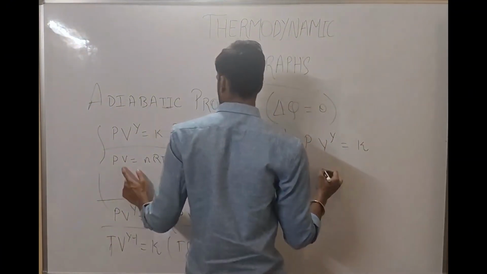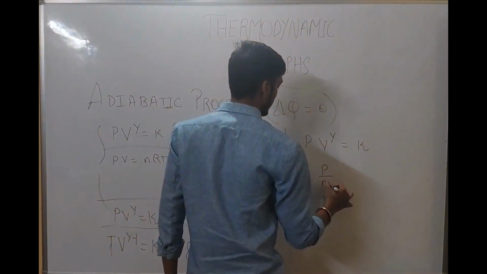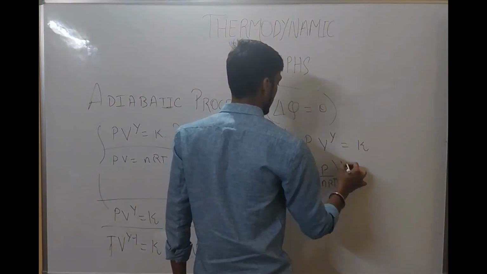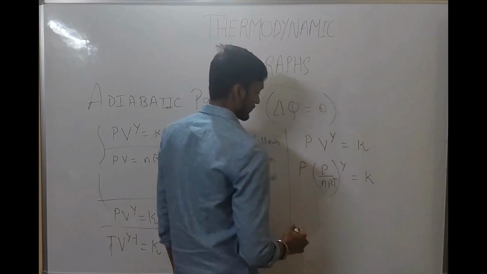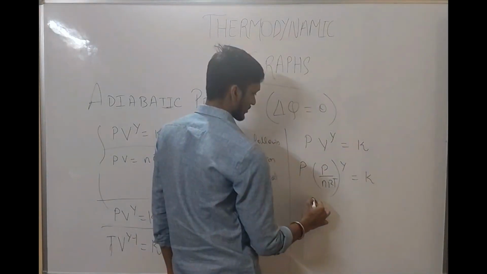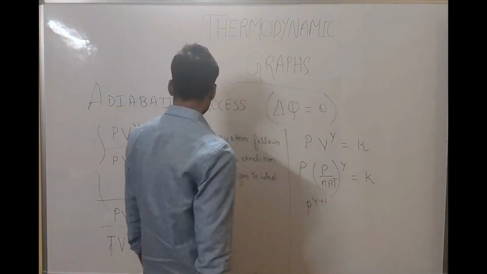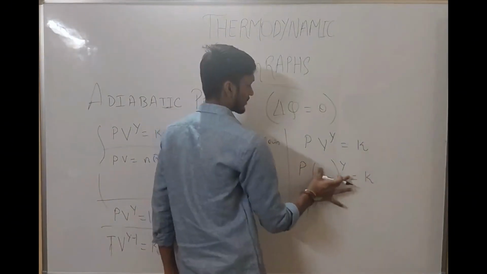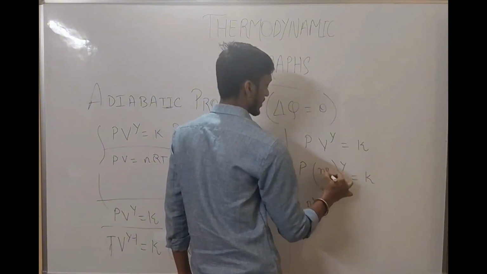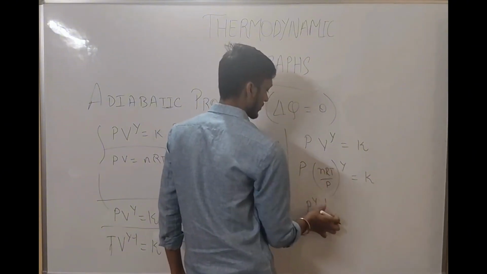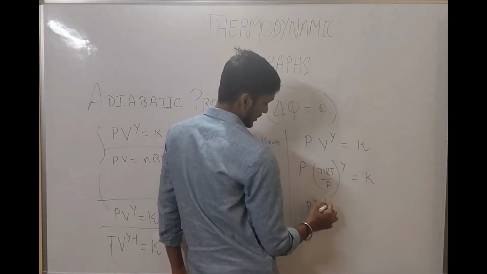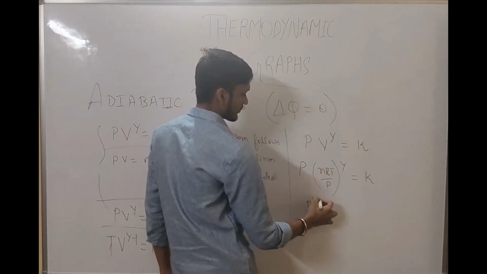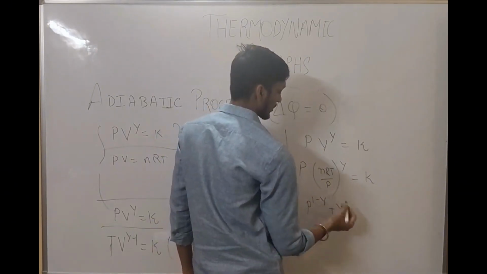Replacing volume with nRT by P to the power gamma is equal to constant, we will get a relation like this: P to the power 1 minus gamma into T to the power gamma.